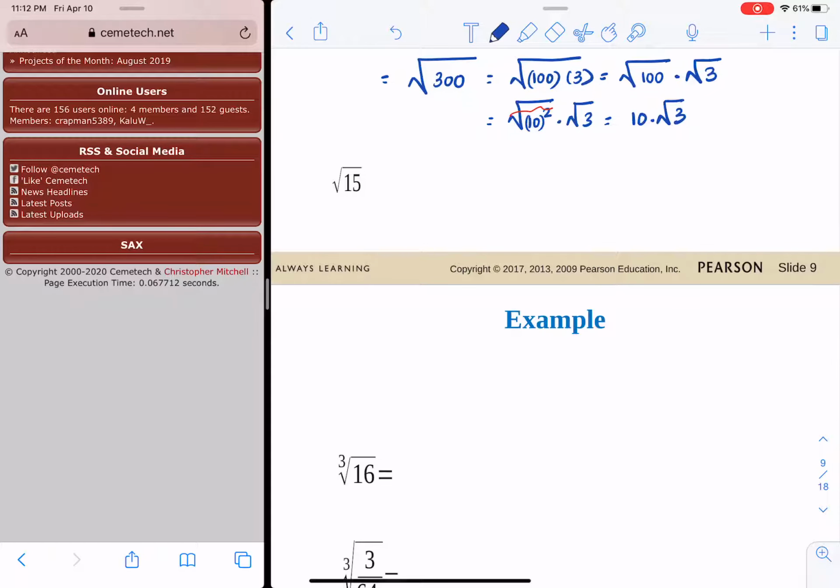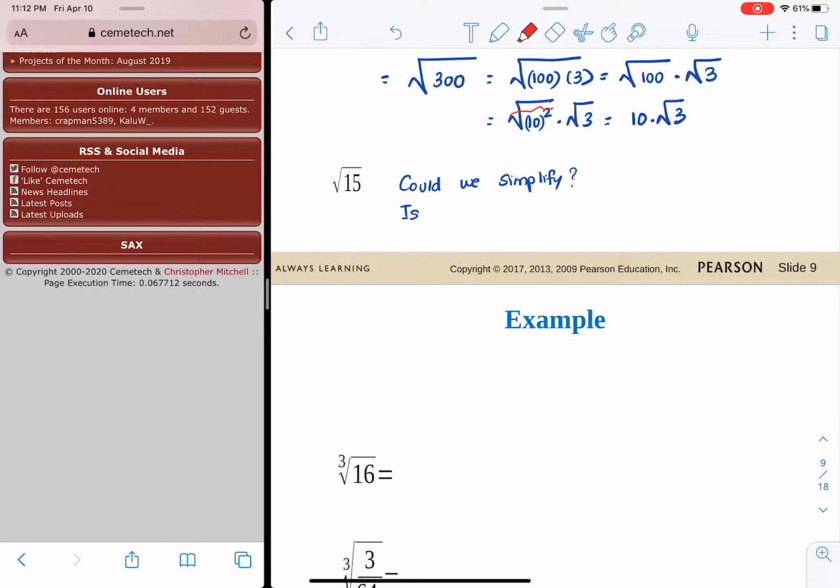Square root of 15. So could we simplify this? The question can be answered by asking another question.